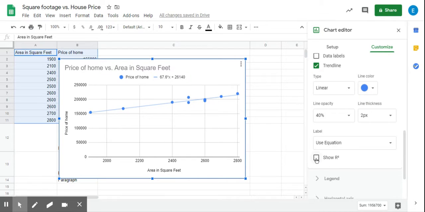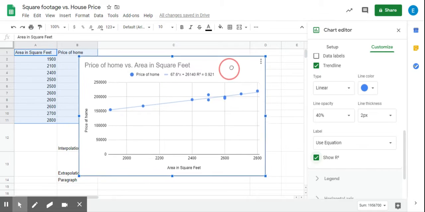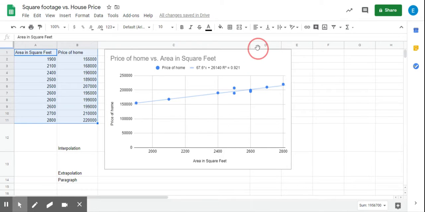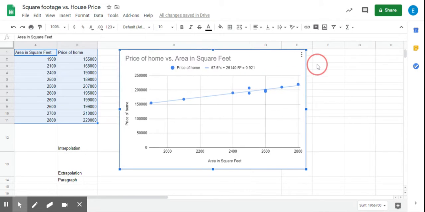I always like seeing the R squared value. I'll talk about that in class next. But here is my scatter plot. It's done for me. So I'm going to move this over, close this, and then show you how I want us to answer the questions.